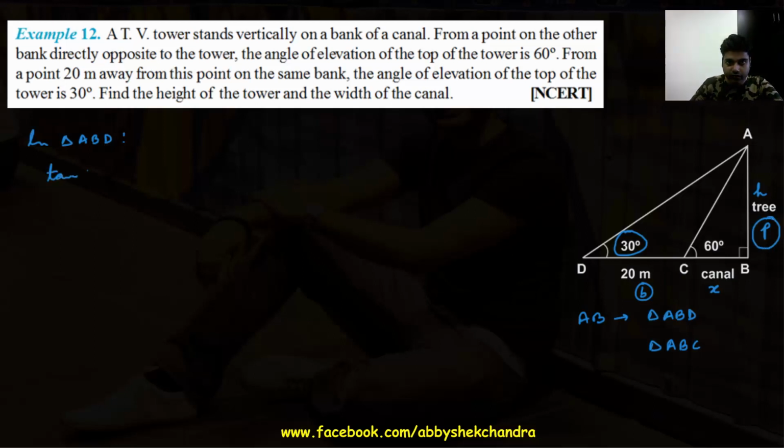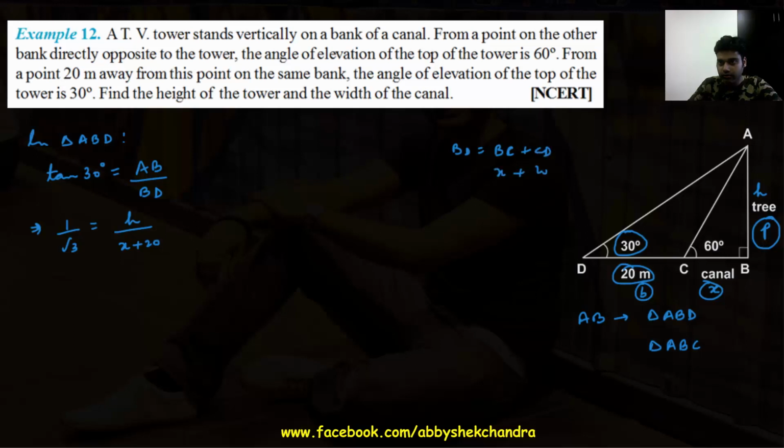So tan of 30 degrees equal to perpendicular by base. Tan 30 is 1 by root 3. That will be equal to AB, we have assumed to be h, by BD will be x plus 20, right? This is 20, this is x, BC is x and CD is 20. So BD will be BC plus CD, so will be x plus 20.